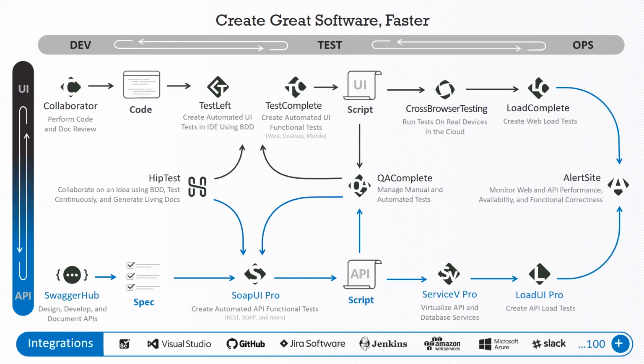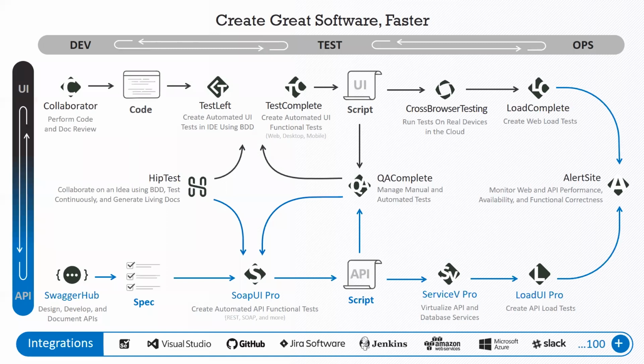So speaking of availability, this is where ServiceV would come into it as well. Although in SwaggerHub we can use auto mocking from a definition perspective to generate static mocks from our API definition, if we want to take it to the next level and build actual virtual services that are stateful, then we can use ServiceV for that.